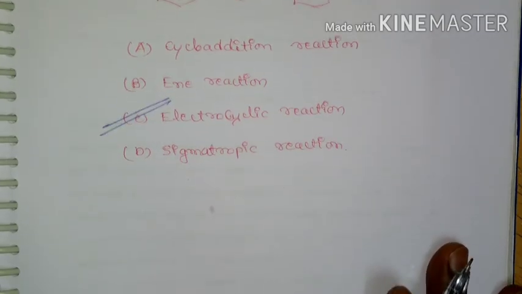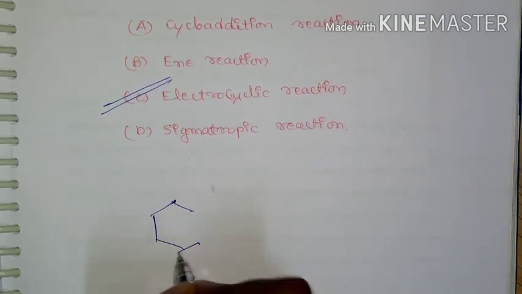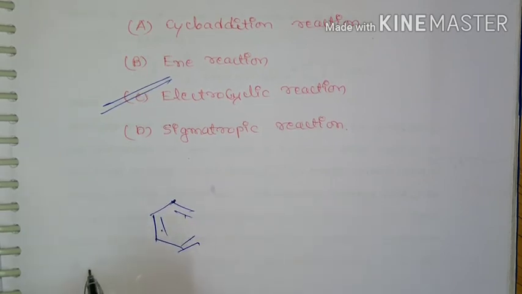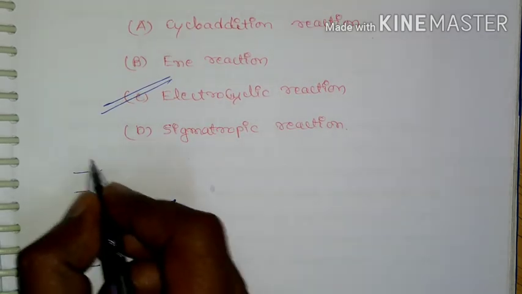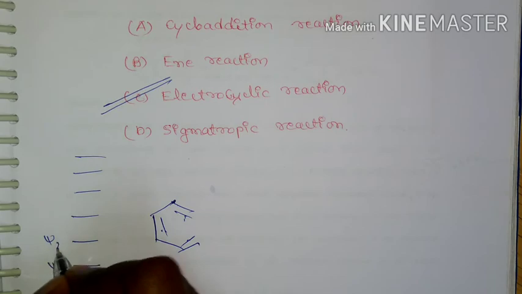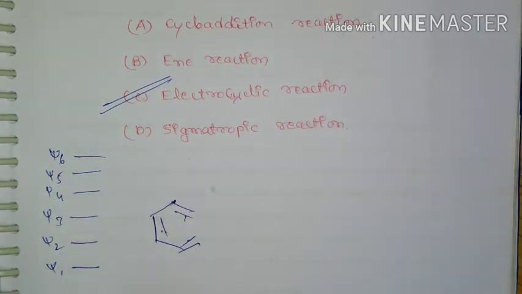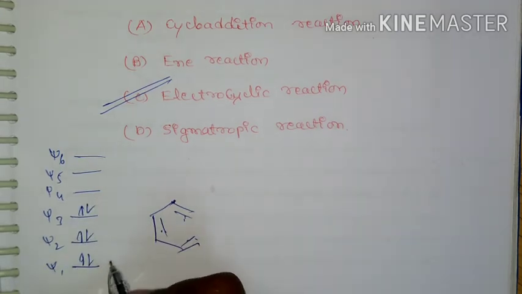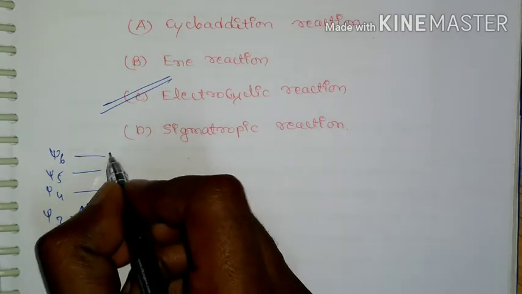If you consider how this ring closing reaction takes place, under thermal condition it is 2 2 2, 6 electrons. Psi 1, psi 2, psi 3, psi 4, psi 5, psi 6. These are the possible orbitals, and it has 6 electrons. So this is symmetric, asymmetric, symmetric, asymmetric, symmetric, asymmetric.